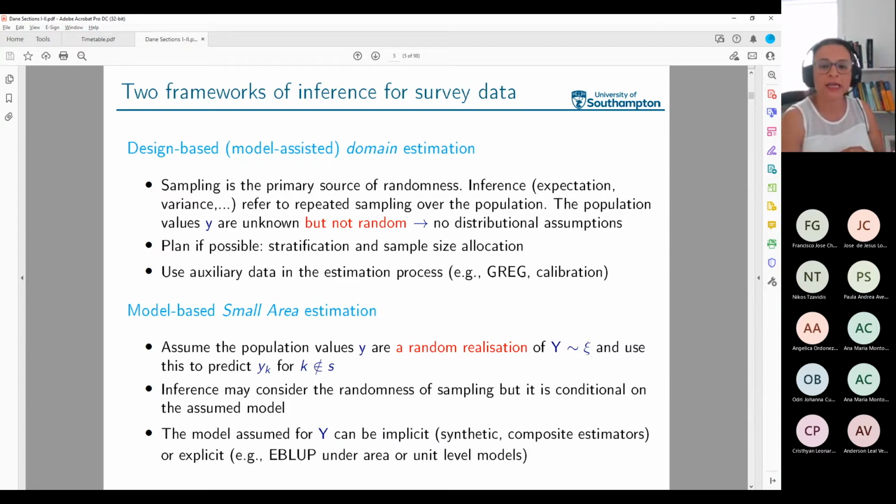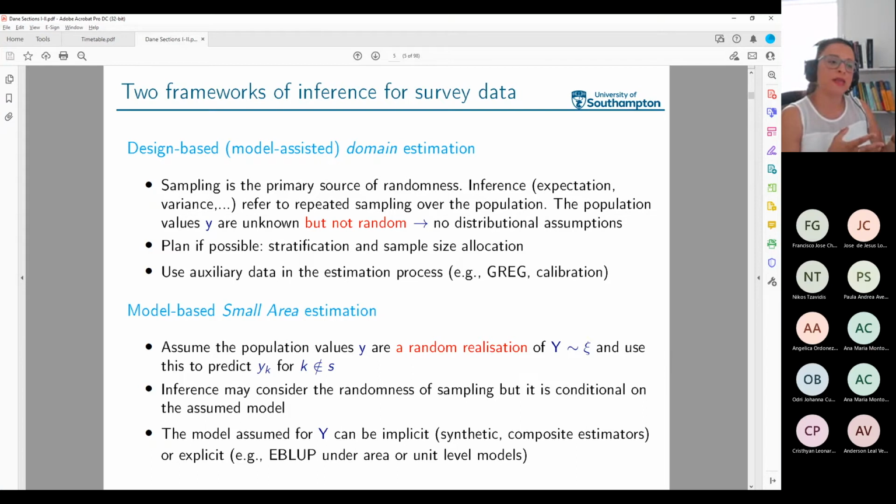design-based domain estimation. Now, it's a type of framework of inference that is quite different from everything else that happens in statistics. So if you come from an economics background, you may be more familiar with something like model-based estimation than you would be with design-based estimation. So what is the key question about design-based estimation?